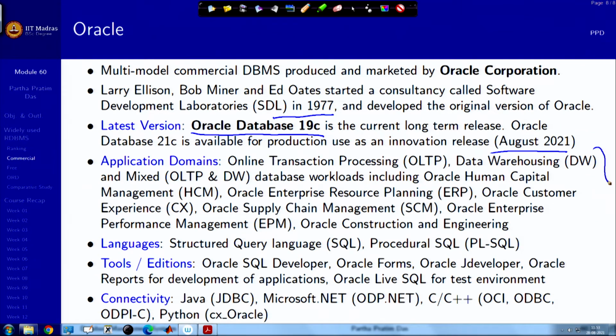And these are the application domains, almost everything except for the NoSQL kind of requirements, but even then in some of those cases there is a backbone from Oracle. So, primarily online transaction processing, data warehousing and mixed applications are the primary, and Oracle specifically offers different services based on the Oracle database which are sector specific.